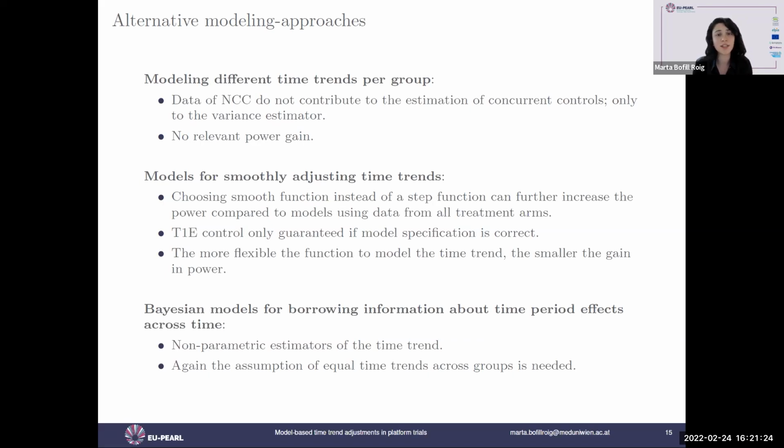We can also consider smooth estimators for the time trends, such as splines, but this flexibility might come with less power. Bayesian models can be considered as well, in which the time trend parameter smoothly estimates the effect of time, borrowing information from one period to the next, as Scott will explain now. However, using these other modeling approaches relies on the equal time trends assumption as well. Next slide.